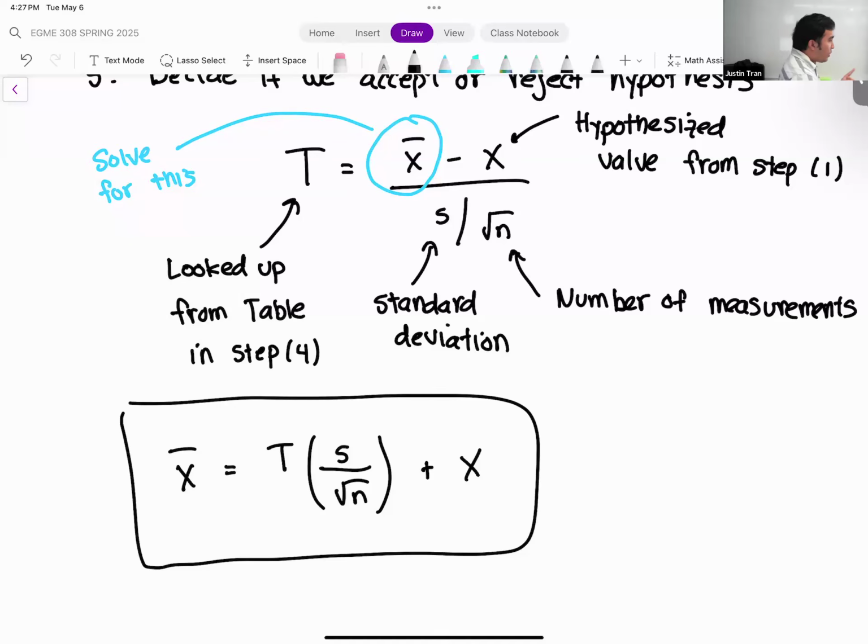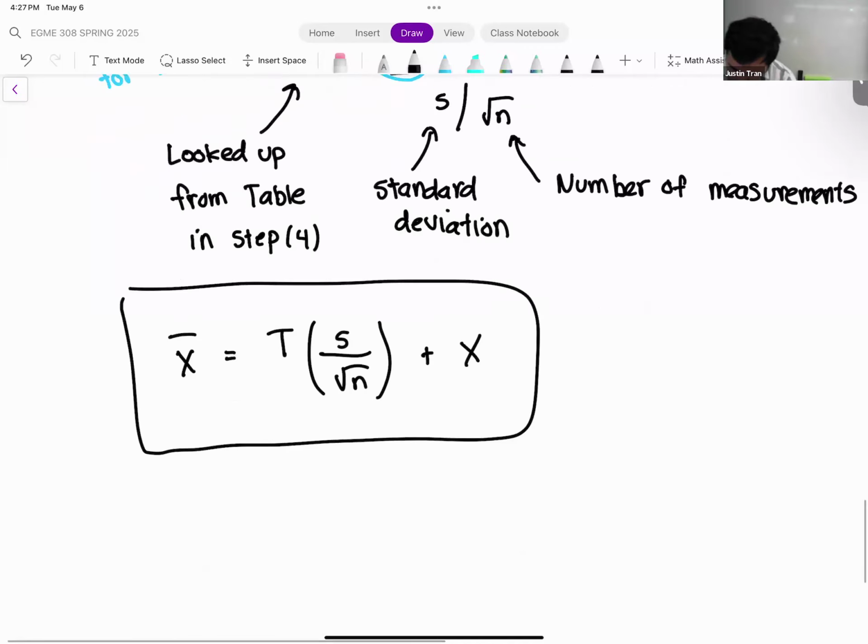This x bar that we just computed is what I call the beginning, or the start, of the rejection region for our experiment.